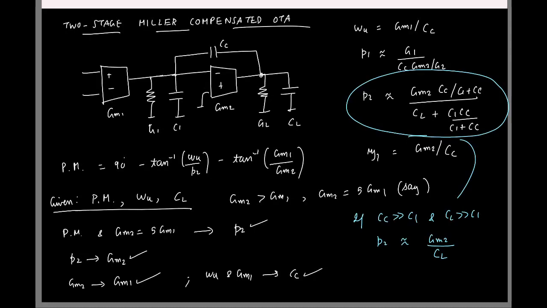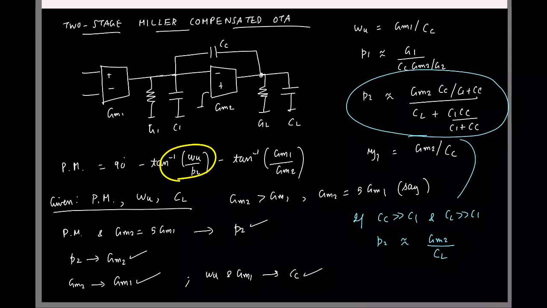Why will decreasing P1 help? The phase margin depends only on this fellow, right? P1 is not contributing to the phase. P1 has already given 90-degree phase. So changing P1 is not going to help at all. So a second thing is I can try to increase P2 again.